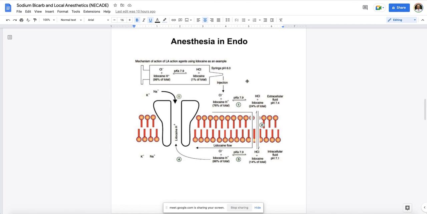Well, if we change the pH right here through the use of a buffering agent, we increase the amount of the non-ionized version of the anesthetic so that more crosses, and when more crosses and gets inside, you get more chance for anesthesia.